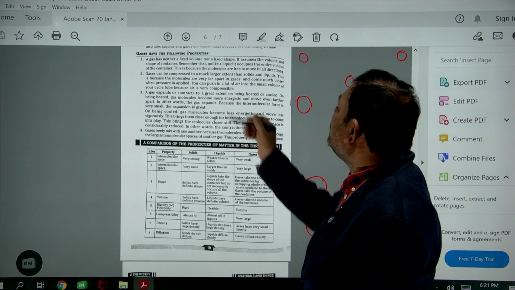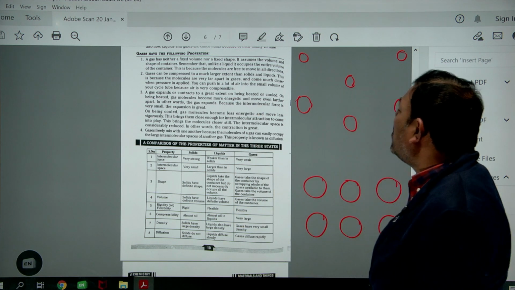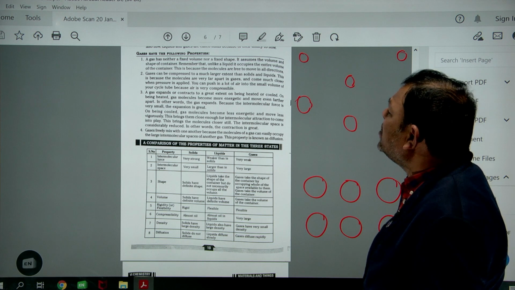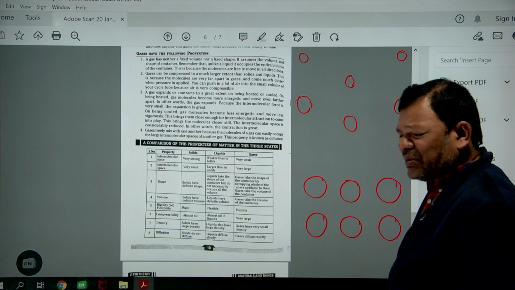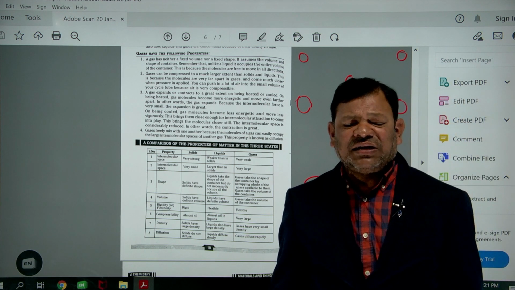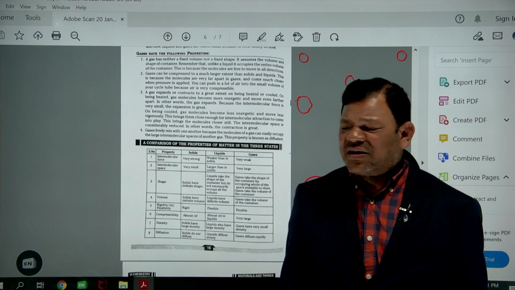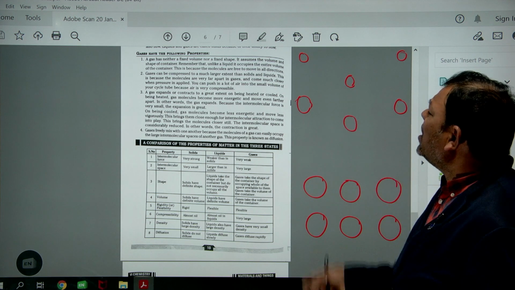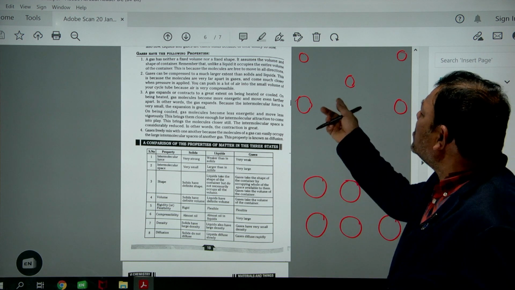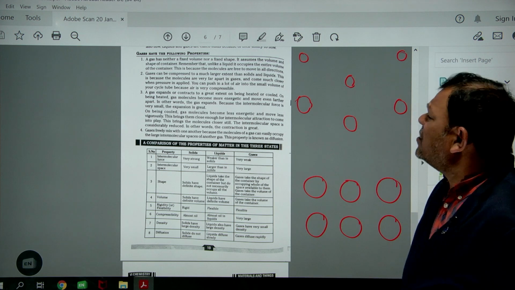That's why you can push a lot of air into the small volume of your cycle tube, because air is very compressible. For example, perfume applied moves very fast, because the intermolecular force is very little and the molecules are far apart.